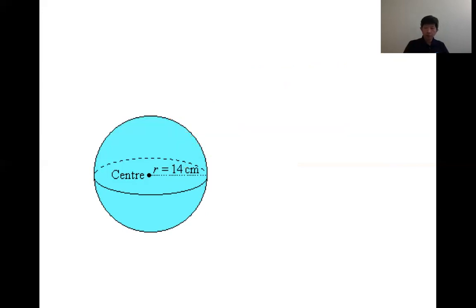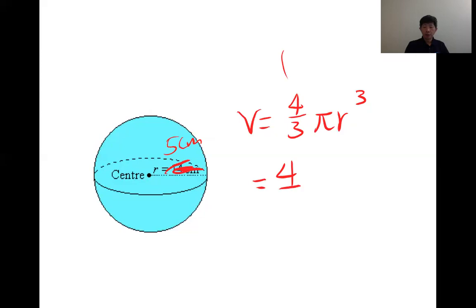Now what about volume? Again, I'm going to change this one to 5 centimeter. Volume is 4/3 pi r cubed, and r is 5 centimeter cubed.